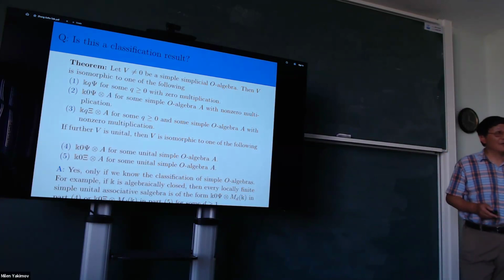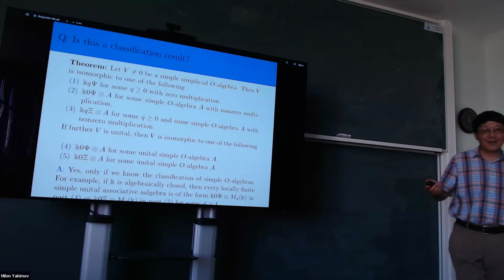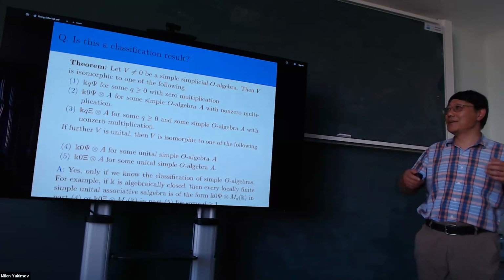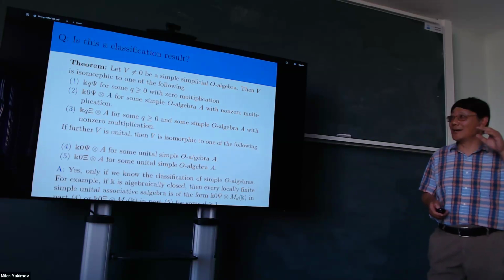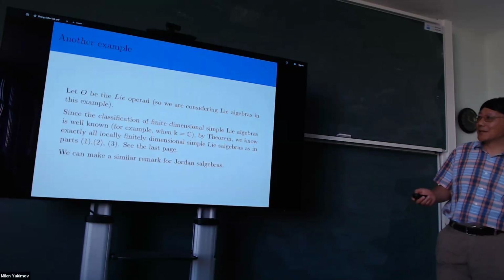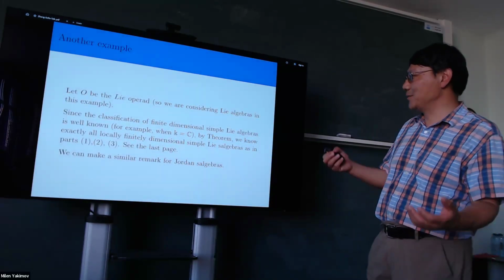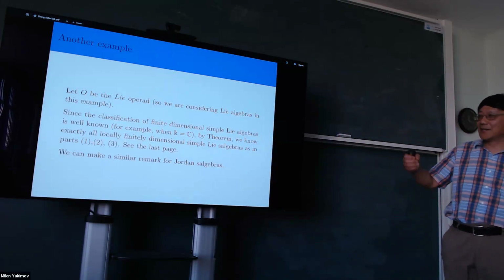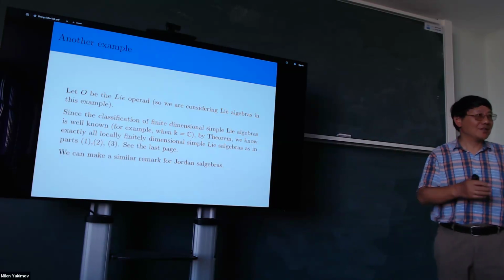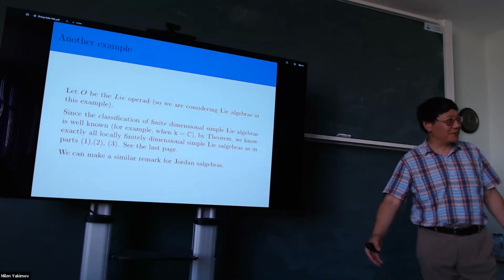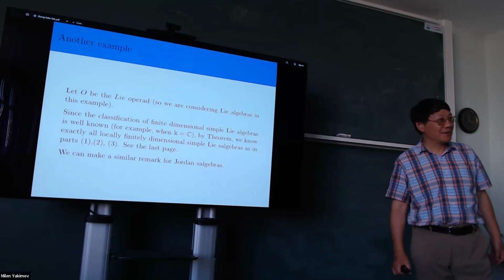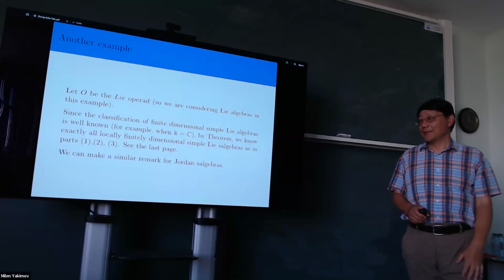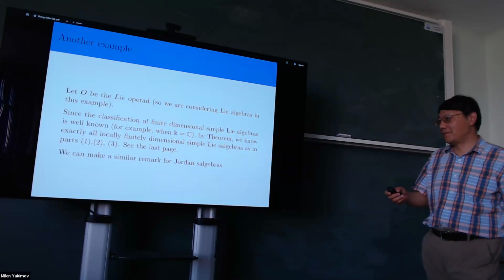If the locally finite dimensional, then we can classify. So all the classification depends on the classification of the O-algebra. Similarly, for Lie algebras, because we know the classification of finite dimensional ones, we can apply that. Or for infinite dimensional ones, certain Cartan algebras are also simple infinite dimensional, so that is also true. In our theorem, we don't require V to be finite. But we can make some similar remarks for Jordan algebras.